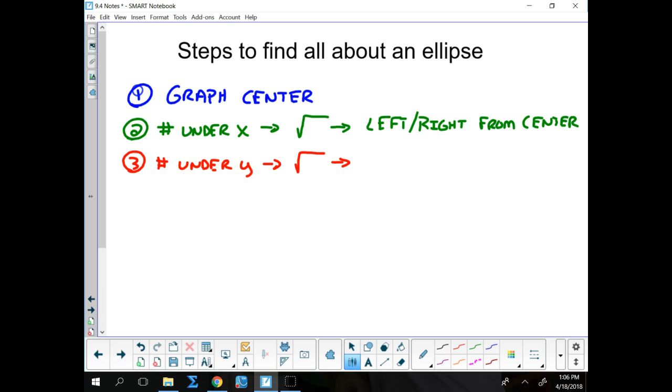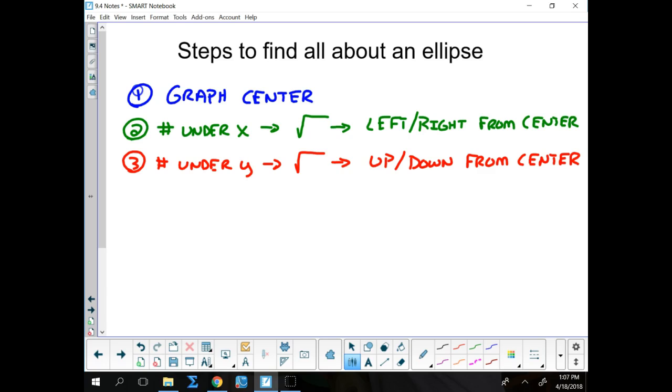So if X, remember, goes left and right, Y goes up and down.